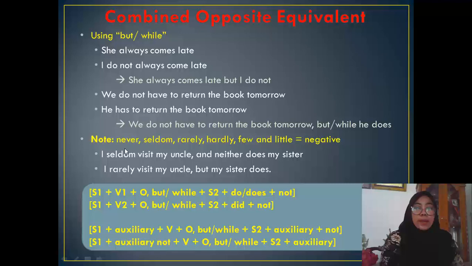So your sentence becomes: "I seldom visit my uncle and my sister does not either." But actually it's the same. "Neither does my sister" and "my sister does not either" are the same, but the usage of either and neither differs.